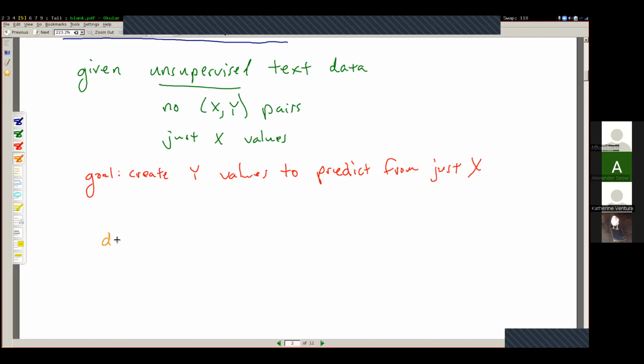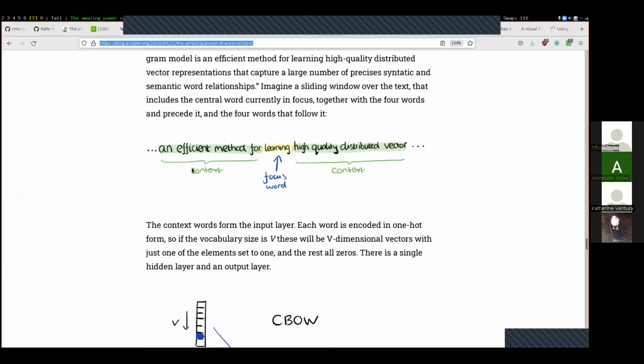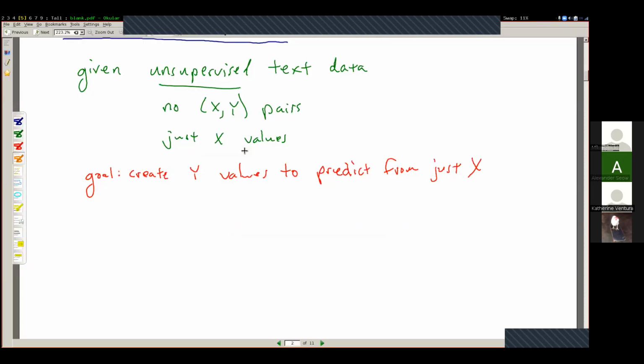The way we do that is if we have a bunch of input text, we'll just use the example they have over here. This is the first sentence of the word2vec paper that they have listed right here. So I'll write that down.